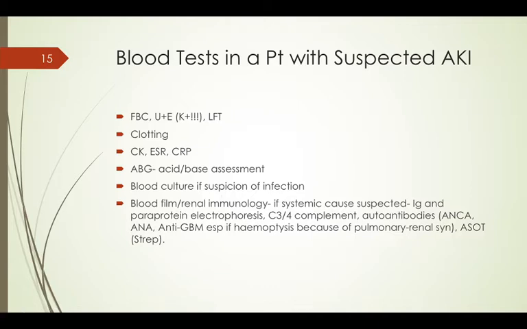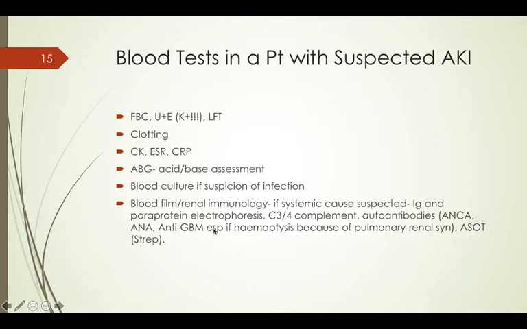Blood tests. So full blood count, again to check for infections. U&Es, as I've mentioned earlier, pay very close attention to the potassium. Liver function tests as well. Clotting function, have a look at baseline inflammatory markers, check the acid-base status using an ABG. We know that the kidneys are heavily involved in maintaining acid-base homeostasis. Blood cultures if you're worried about infection. And then some more specialized tests if you're thinking about some of those immune conditions would be some of the tests listed here.